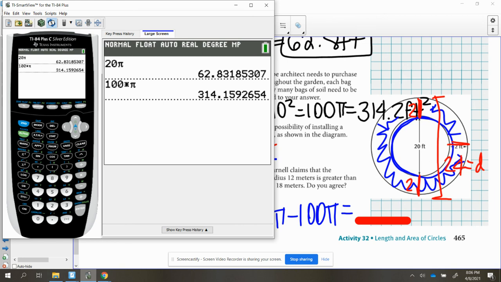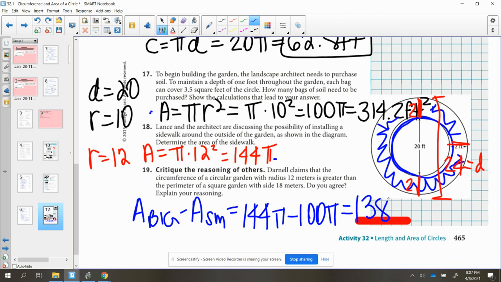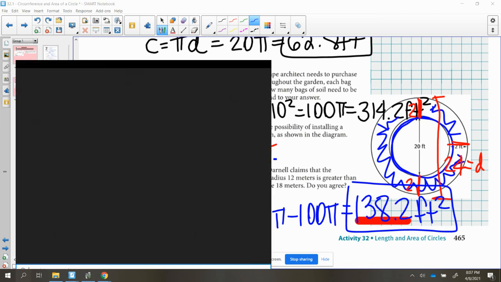So 44 pi, or again, if we took 144 pi minus 100 pi, we would get that approximation of 138.2. And then again, that's area, so we're talking feet squared. And that'd be our final answer then for just that walkway area.